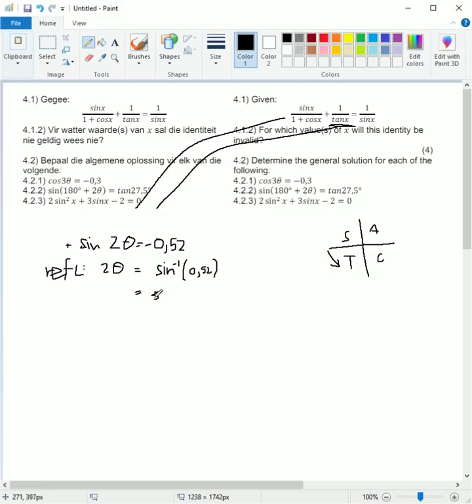31.33 degrees. Okay, so we are dealing with sine, and we have a negative sign. Which quadrants are you in? You are in quadrant 3 and quadrant 4. Quadrant 3, that is going to be 180 plus.